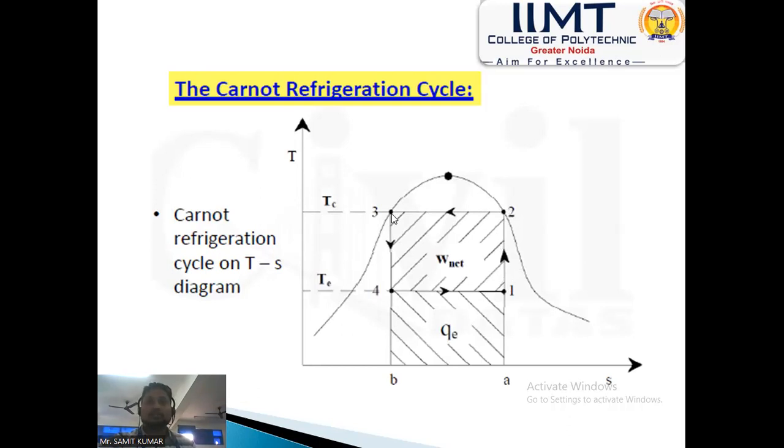After that, 2 to 3 is the condenser process, and after that 3 to 4 is the expansion valve installed, and 4 to 1 is the evaporator. All the equipment works one by one and completes the cycle and gives the desired temperature in the Carnot refrigeration cycle.